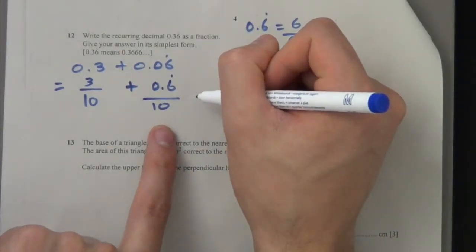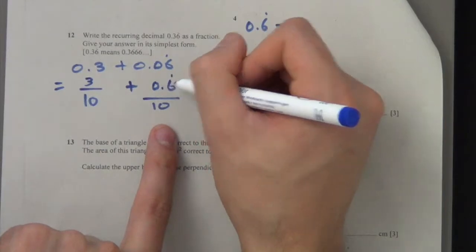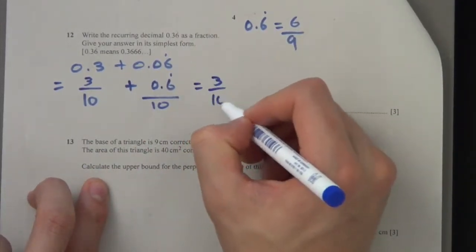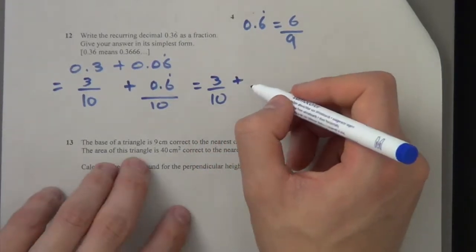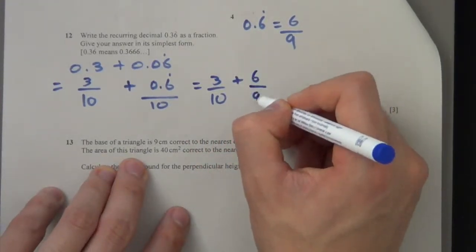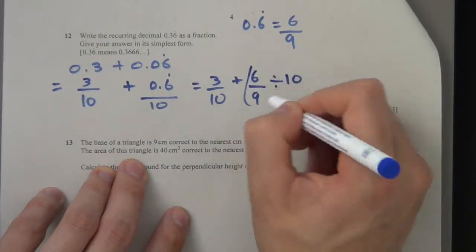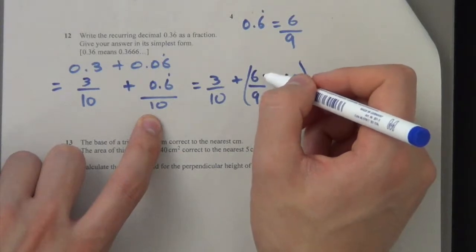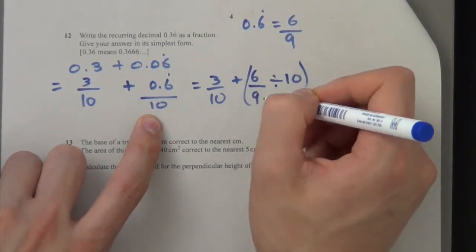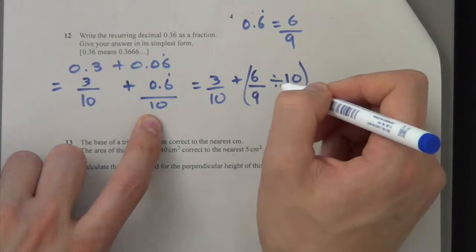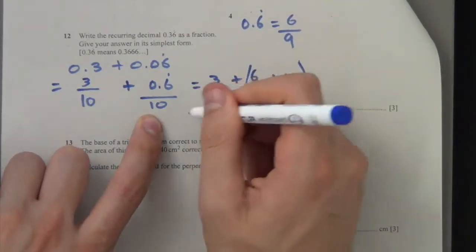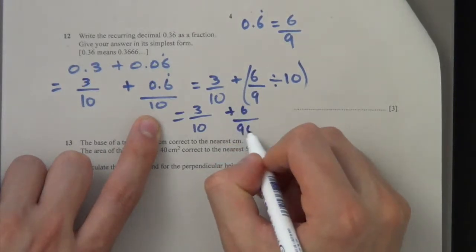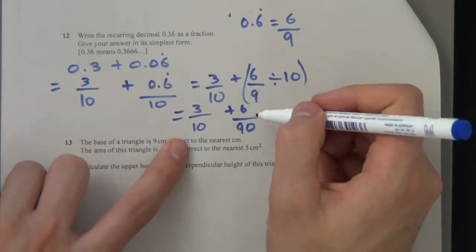Next thing I'm going to say is I'm going to rewrite 0.6 as this, so this is equal to 3 over 10 plus 6 over 9 divided by 10, okay, which is this, okay, and if you know your rules of fractions, 6 over 9 divided by 10 equals 6 over 9 times 1 over 10, which gives me 3 over 10 plus 6 over 90, okay.